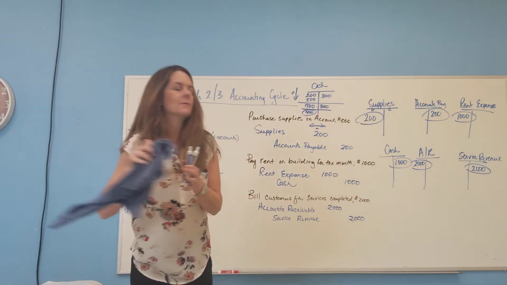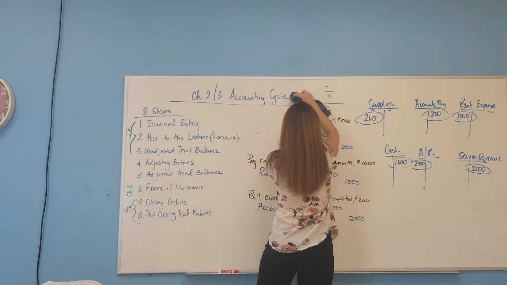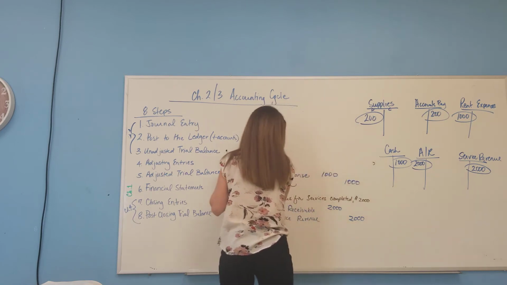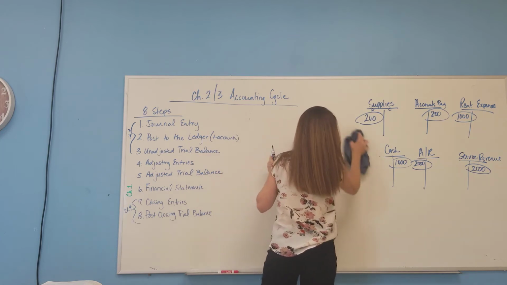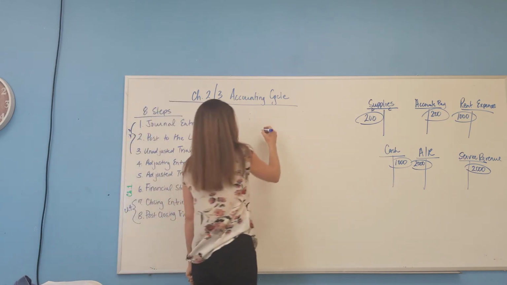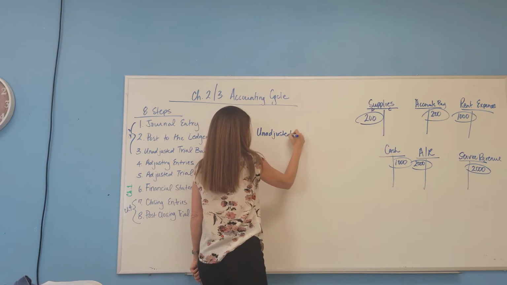So let's erase my journal entries. Okay, and then the unadjusted trial balance, you can just title that unadjusted trial balance.